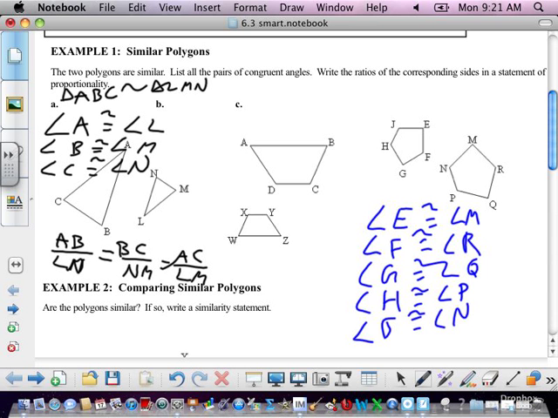Okay. Now we have to do the whole proportionality thing. So let's see. We've got EF over MR. We've got FG to RQ. We've got GH to QP.